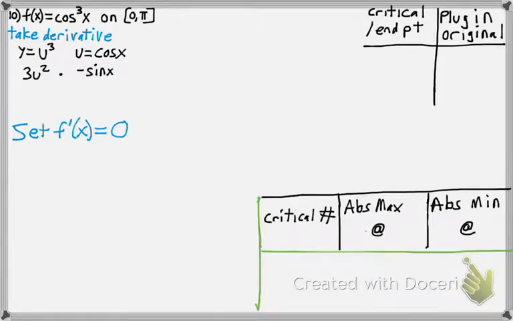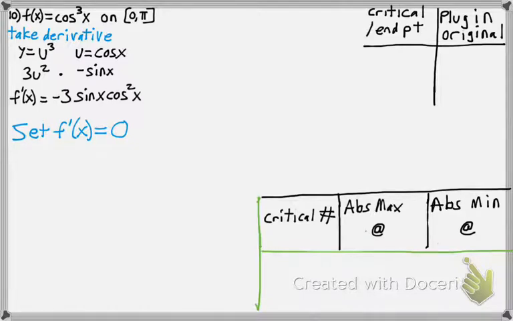If I combine those, instead of the u, it's going to be cosine, so I'm going to reorganize it and put negative 3 sine of x times cosine squared of x, and that'll be my derivative.